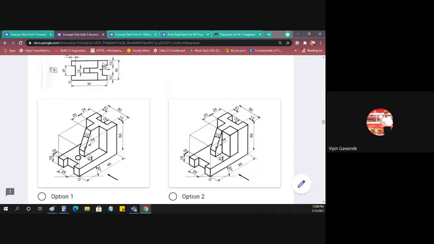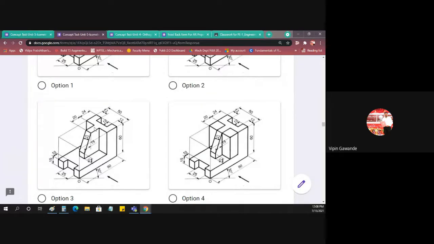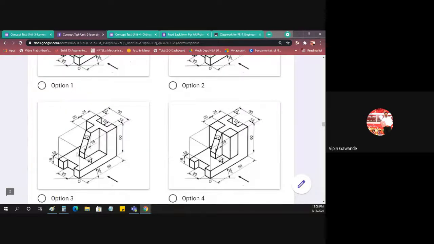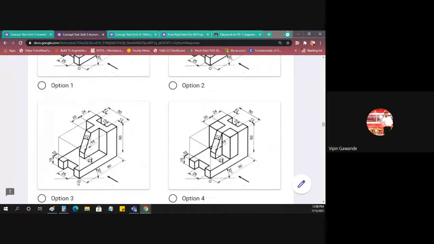See this part here, this surface, we have to rotate it in the direction of the arrow, so this goes on the right hand side. This C shape, we have to make it vertical. This C shape is on the right hand side, and this C shape is on the left hand side. We have to make it vertical. Nothing else is there. The circle is not there.